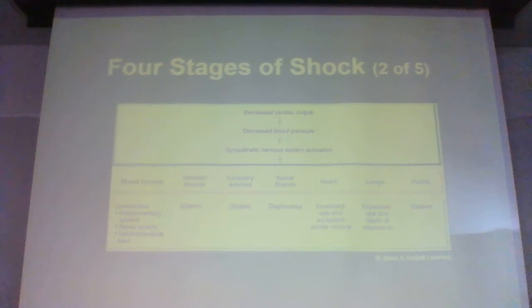Maybe, but what if they're on a beta blocker? What is a diagnostic measurement of preload? Cap refill. Diastolic blood pressure. Yeah, your diastolic blood pressure starts going up.